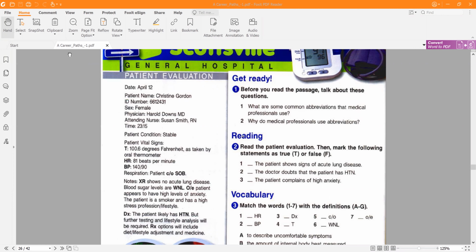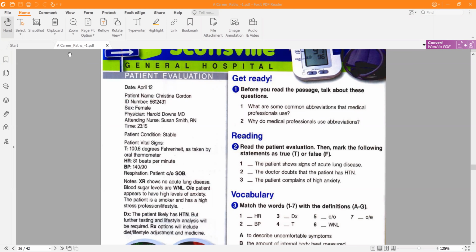Patient vital signs. T, 100.6 degrees Fahrenheit, as taken by oral thermometer. HR, 81 beats per minute. BP, 140/90. Respiration, patient CO-SOB. Notes, XR shows no acute lung disease.